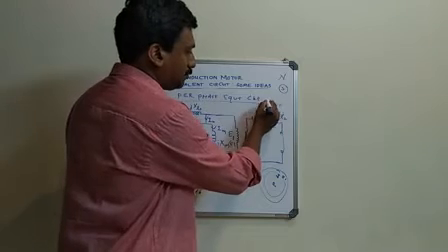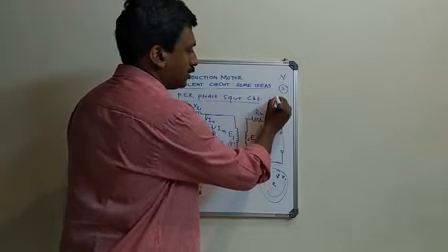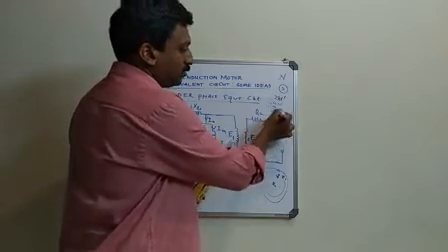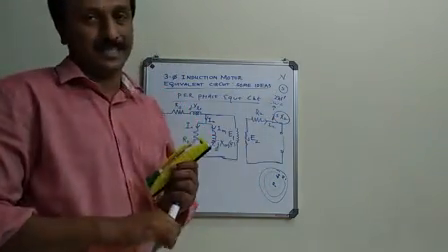L remains the same while omega changes. Omega is 2 pi F, and now it is 2 pi F dash. So it changes to SX2.